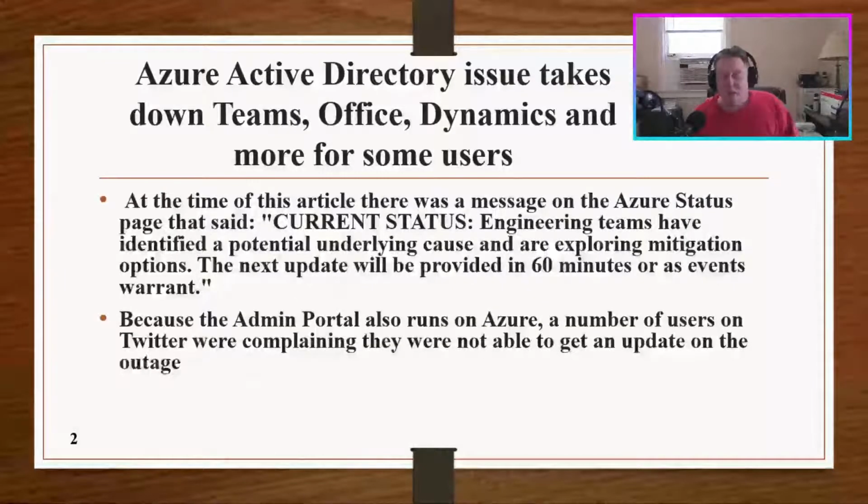Going through the resolution process of this problem, at the time of this article, there was a message on the Azure status page that said, "Current status: engineering teams have identified a potential underlying cause and are exploring mitigation options. The next update will be provided in 60 minutes or as events warrant." Because the admin portal also runs on Azure, a number of users on Twitter were complaining that they were not able to get an update on the outage.